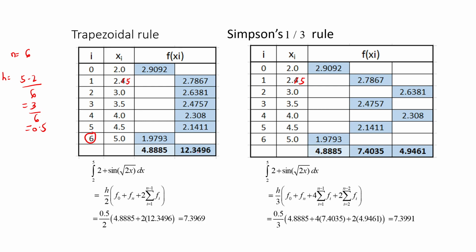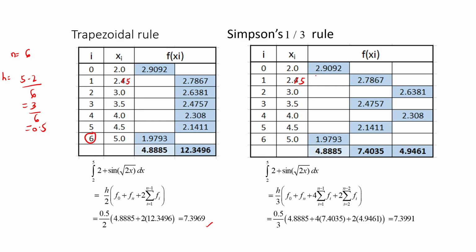You sum this one, plug into the composite trapezoidal rule. Basically h over 2 of f naught plus f1 if one segment. If more than one segment, the intermediate f, middle f, is 2 times. So you have f naught plus fn is 4.8885 plus 2 times the second sum here. Then you get this result.